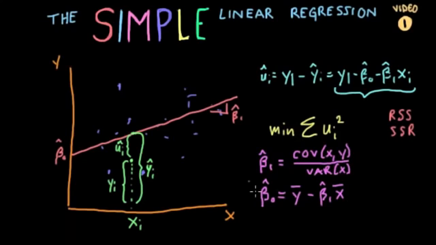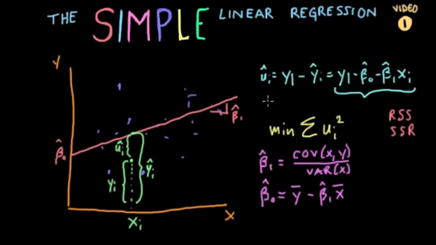So that's how we find our coefficients in our estimated regression. And I hope you understand a little bit more on what they are and what they mean. And I hope this visual representation helped a little bit to understand what the residuals are and what they mean.